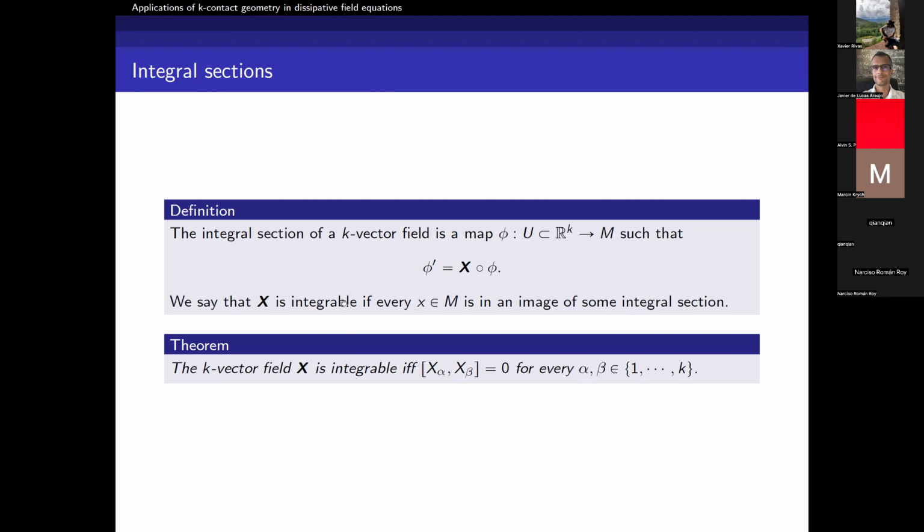However, of course, we have to introduce the integrability of k-vector fields, because it is not guaranteed that every point on the manifold is in an image of some integral section. And if one wants to check if the k-vector field is integrable, then there is a pretty easy condition. One only has to check if the vector fields with which the k-vector field is constructed commute.